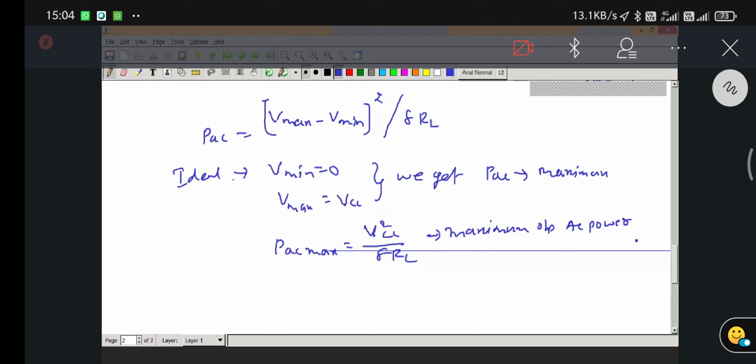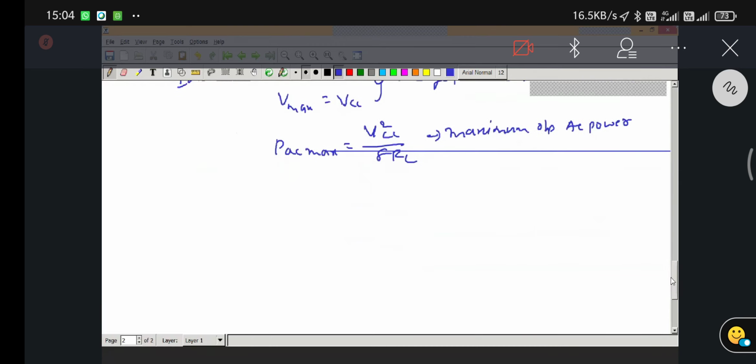So, the maximum output AC power. After that, if we want to find out the efficiency, we require the output as well as the input. We have found the output expression: PAC, the output AC power, is VCC square by 8RL. If I want to find out the input power, while we are doing the DC analysis, we are going to talk about the DC input power.